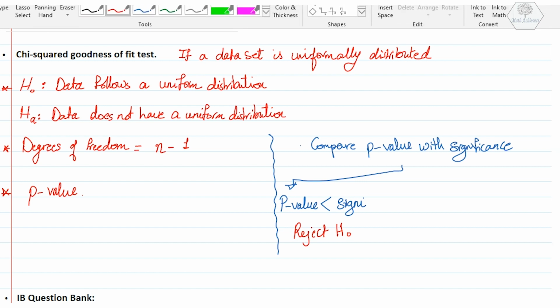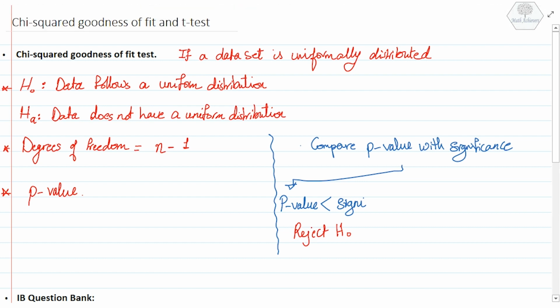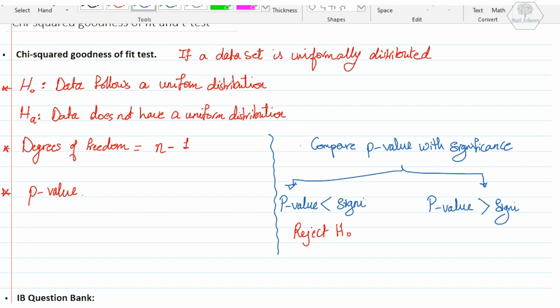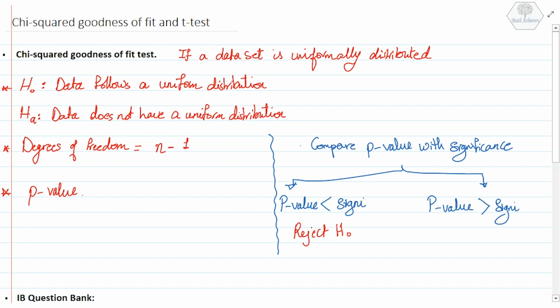If the p-value is greater than the significance level, then we do not reject H0.